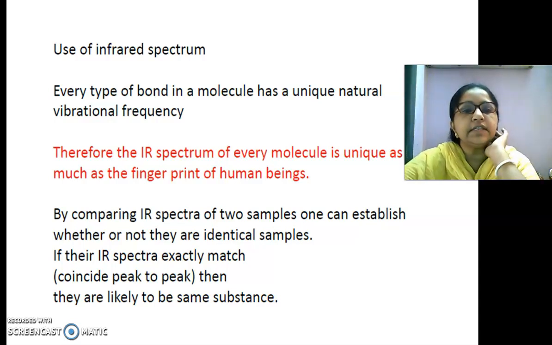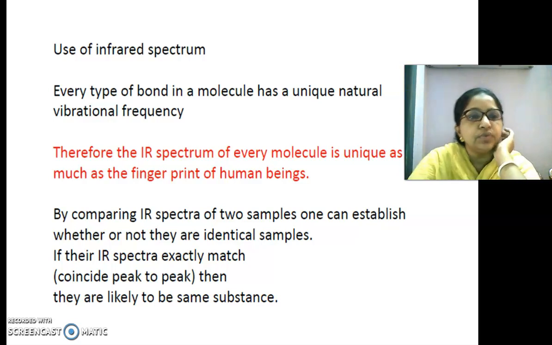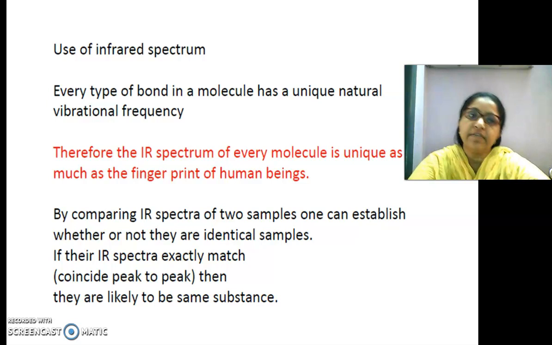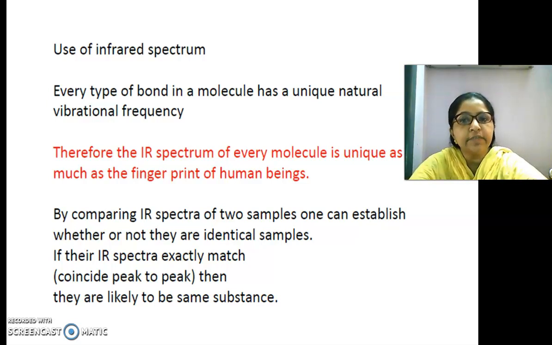If it is the same molecule, two samples may have the same fingerprint region or same IR spectrum. If the molecules are different, maybe there is only a very slight difference. But even with a slight difference, the IR spectrum has a region called the fingerprint region, and it is very unique.